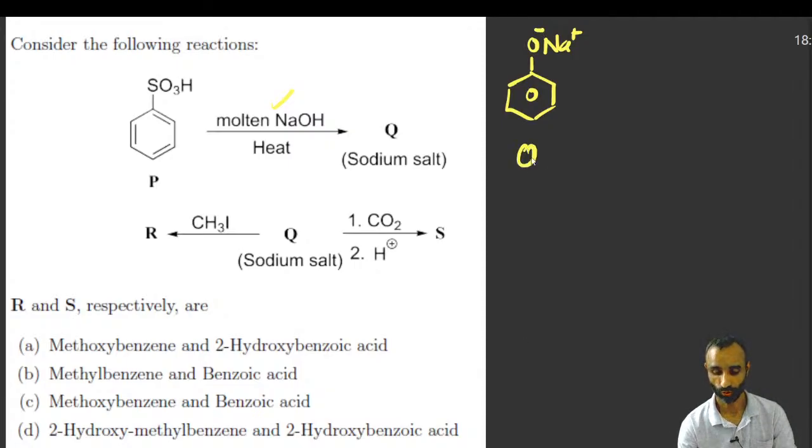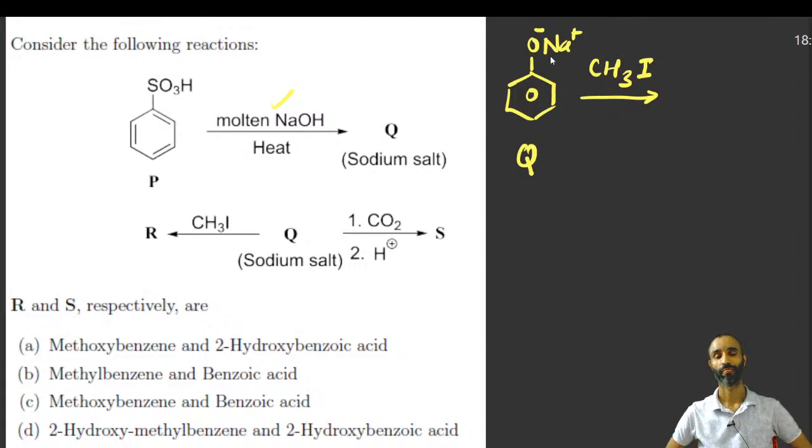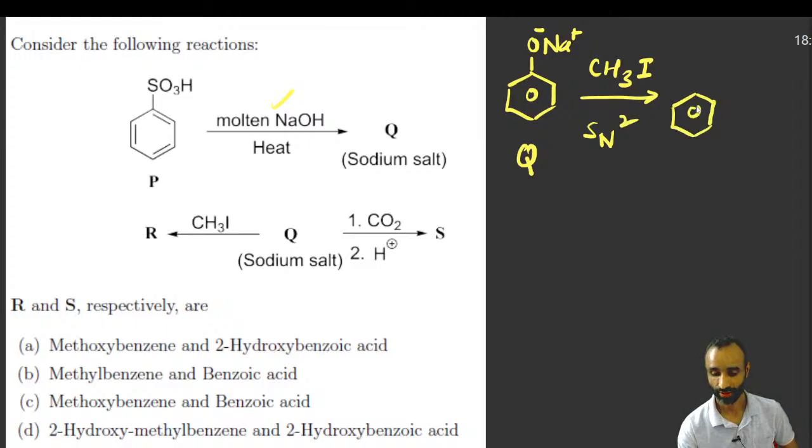So this is Q. Now this Q is treated with methyl iodide. So tell me, what is the name of the reaction? Yes, it is Williamson ether synthesis, and we get phenyl methyl ether.